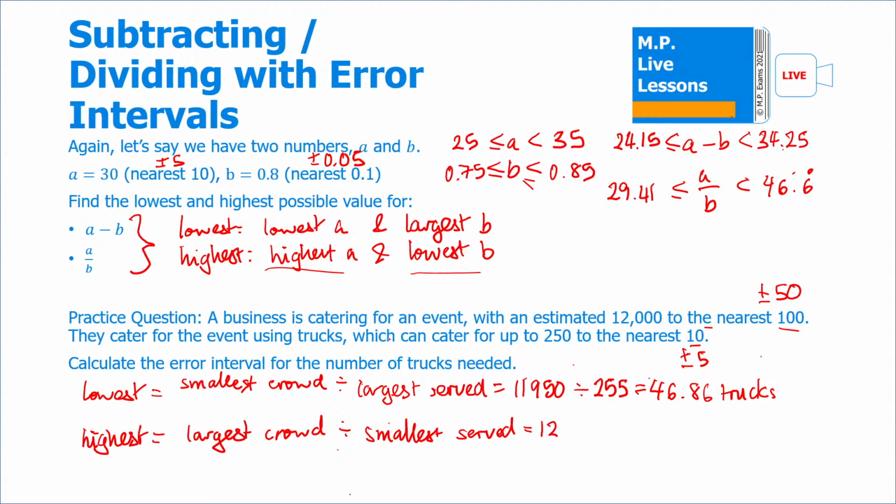So that'll be 12,050 divided by 245, because 245 is the minimum number of people the trucks would serve if it's 250 rounded to the nearest 10. So at the maximum, you'll need 49.18 trucks.